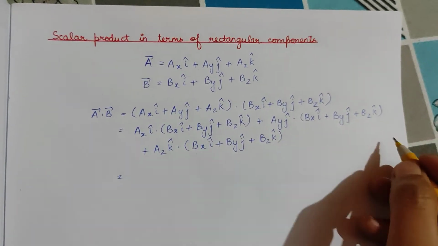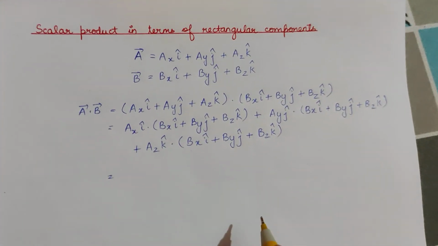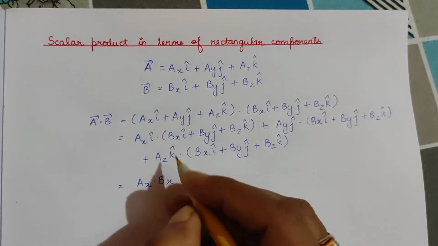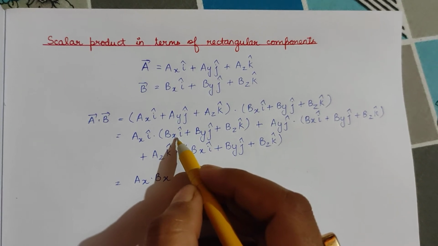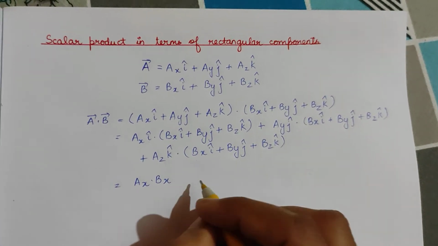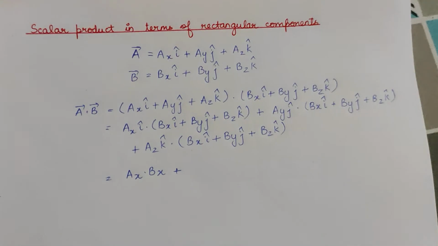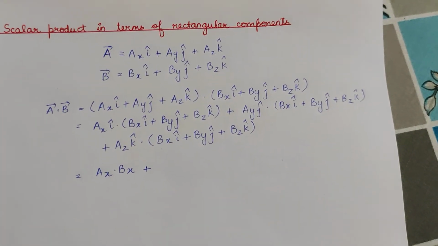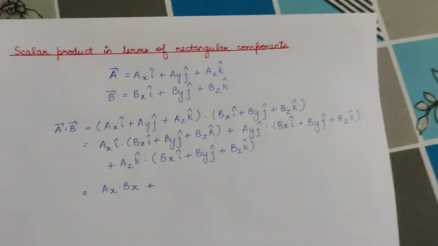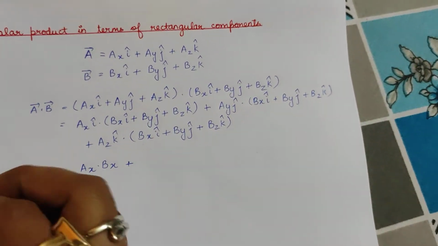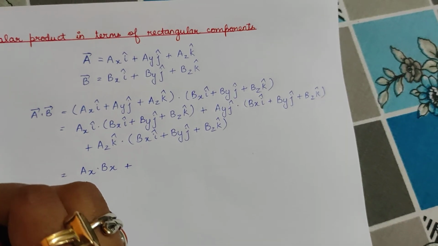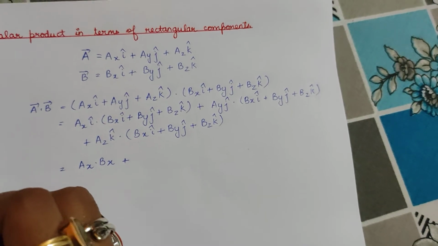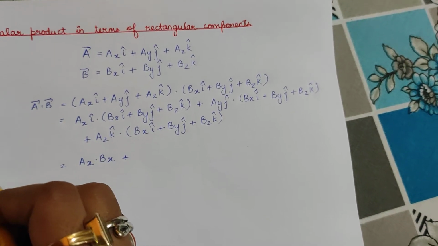Now if one by one we multiply it, what will we get? AX dot BX, because I into I will give us 1. We know that unit vector I dot unit vector I gives us 1, and unit vector I dot unit vector J will give us 0.